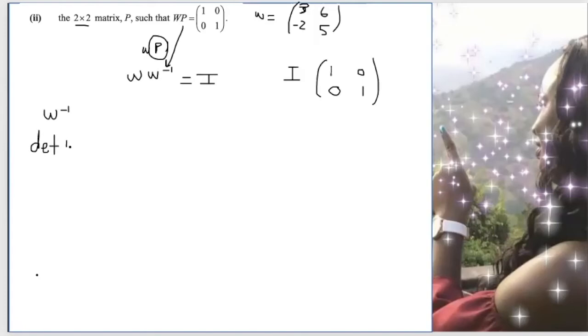The determinant of W is equal to, I multiply 3 times 5, minus 6 times negative 2.